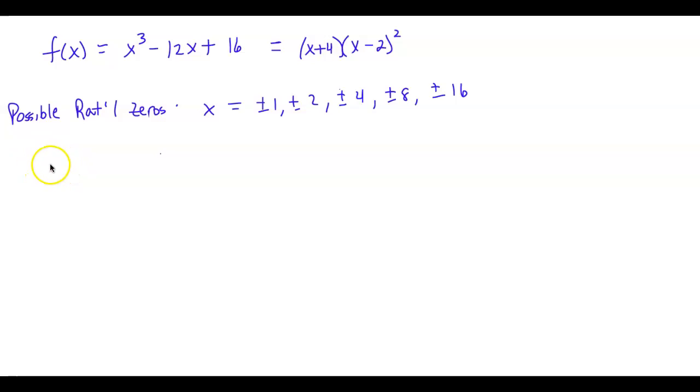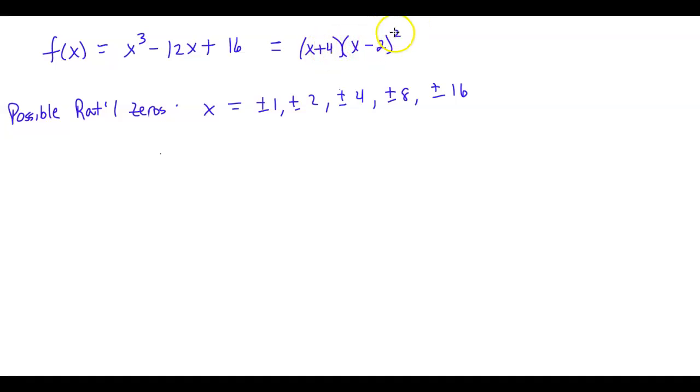So to start off here, I've already written the function for one of the examples that we did in the part 3 video, and we already know what this factors out to be. So I'm approaching this as if I don't know what this is going to factor out to be.